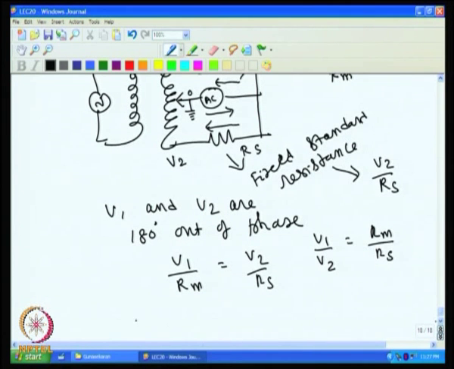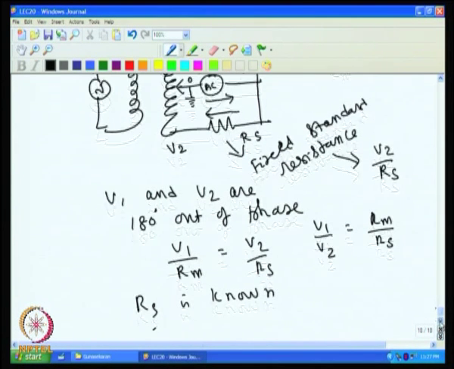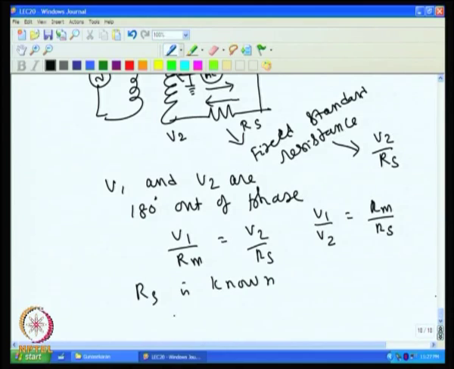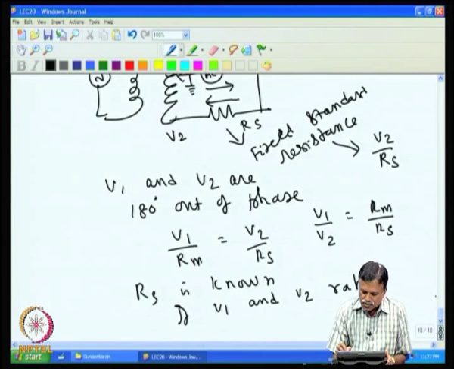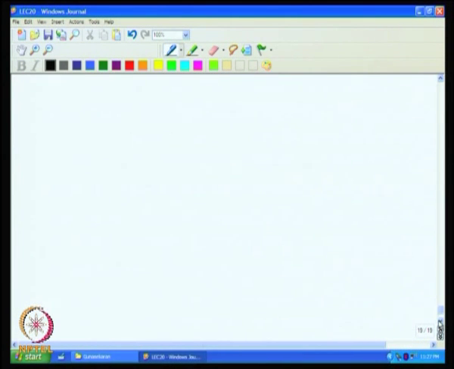If the ratio V1 by V2 is known, then the unknown resistance can be calculated.